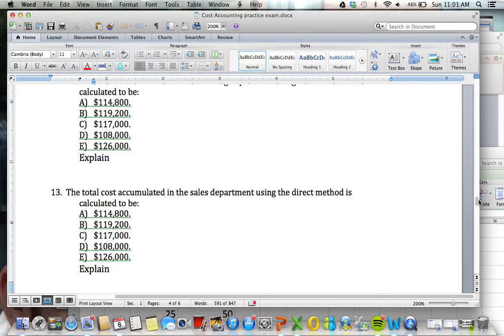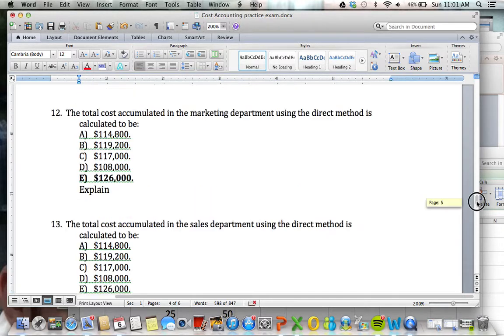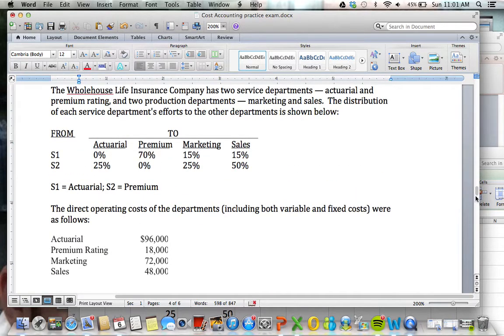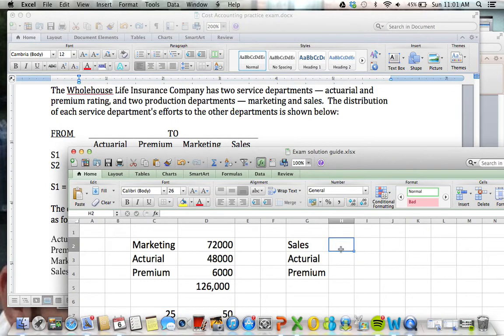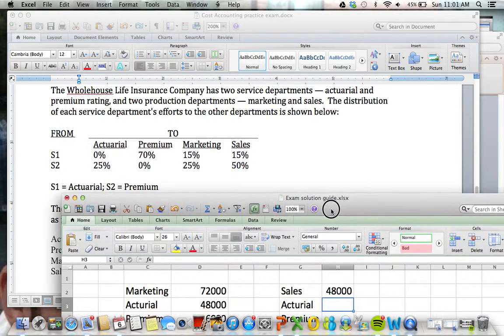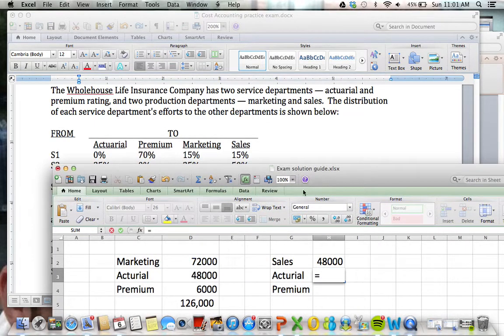Now, going over the next one: the total cost accumulated in the sales department using the direct method is calculated to be... Okay, the sales department is a similar process here, and we're going to start with sales, which is 48,000. And actuarial, we said it's 50-50, so same thing here, because it's just 96 divided by 2.